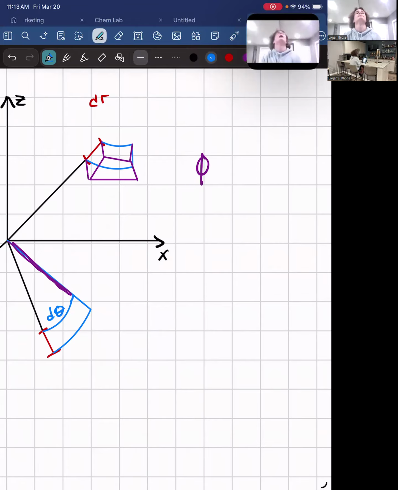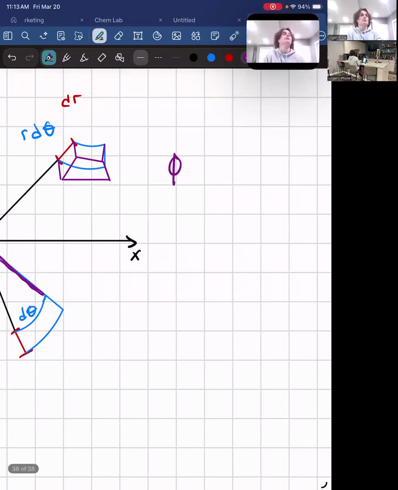Now, since we have an R value and a theta value and a phi value, we have different units. In order to get the units all the same, like we did for cylindrical coordinates, we have to multiply our d theta by r to get it out of radians. For our phi value, this one's a little bit more tricky.